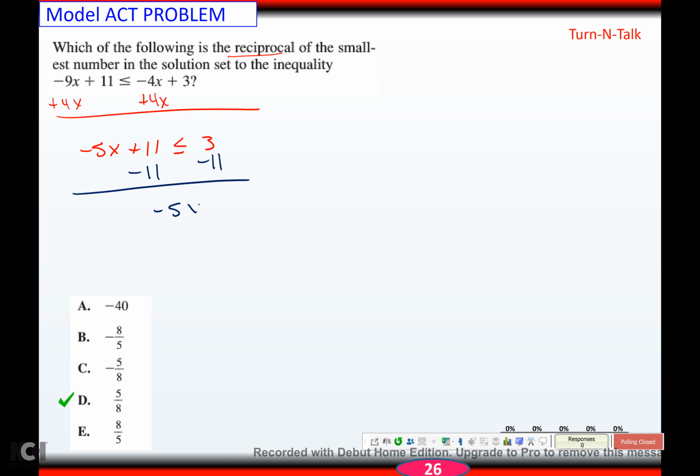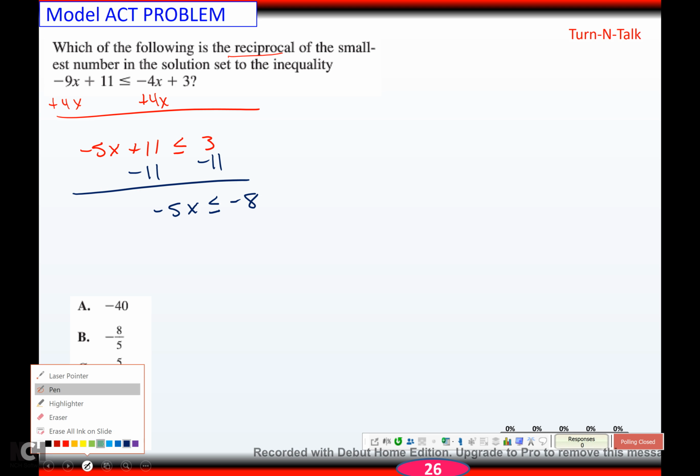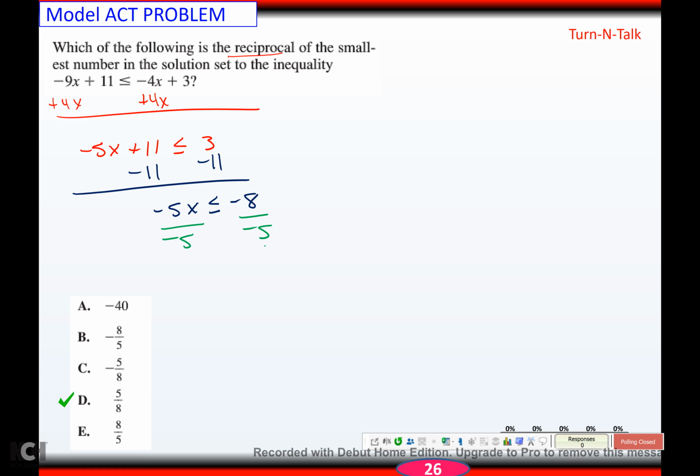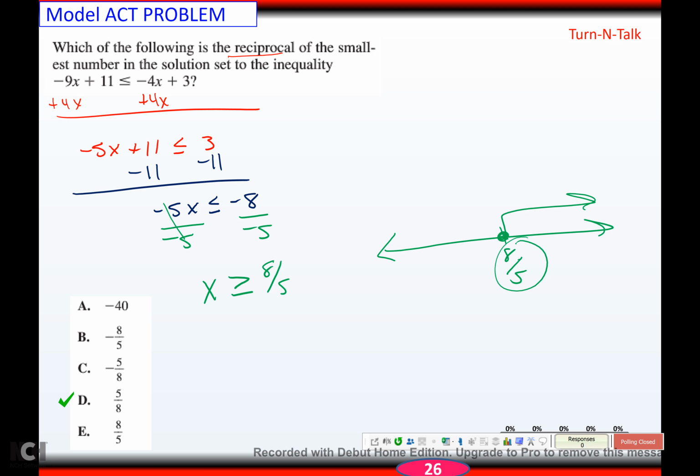That gives me negative 5x less than or equal to negative 8. Divide by negative 5, which will flip my inequality and give me x on this side and a positive 8/5 on this side. What that means is I would start at 8/5 and include it and everything bigger. So the smallest number in this solution set is 8/5, and its reciprocal is, flip it over, 5/8.